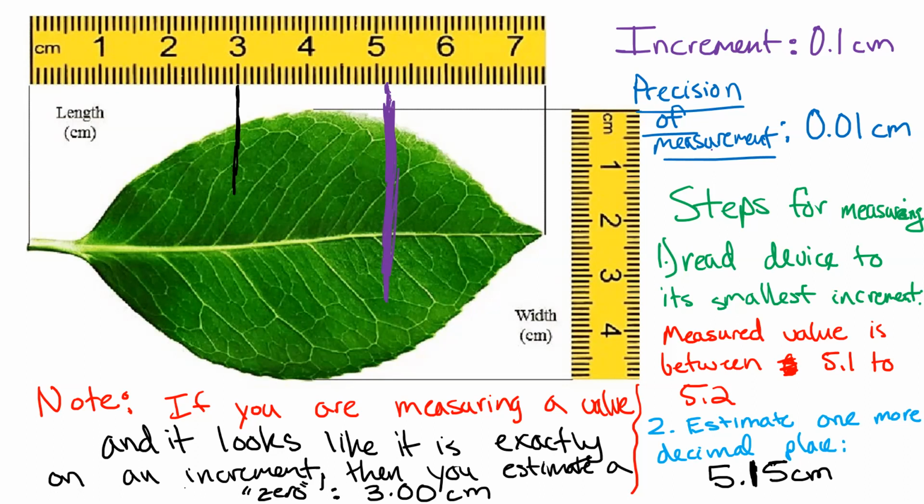If I'm getting this correctly, our precision of measurement goes off of our increments. So if the increments are at the 10th place, then the precision of measurement will be at the 100th place. Exactly. That's all there really is to it. It's not a super complex definition.